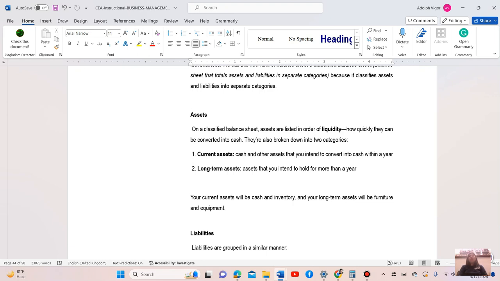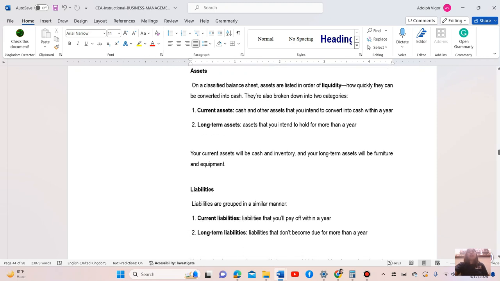They're also broken down into two categories: current assets, cash and other assets that you intend to convert into cash within a year, and long-term assets, assets that you intend to hold for more than a year. Your current assets will be cash and inventory, and your long-term assets will be furniture and equipment.